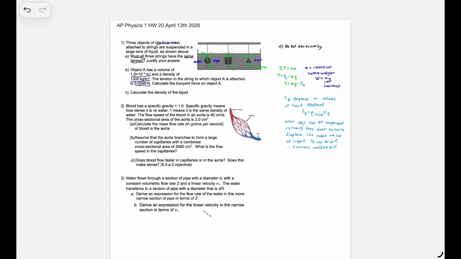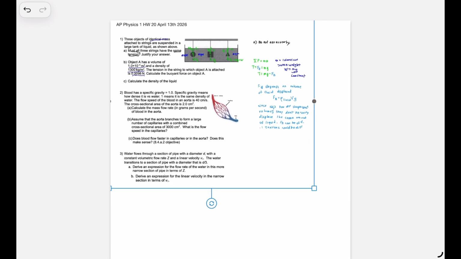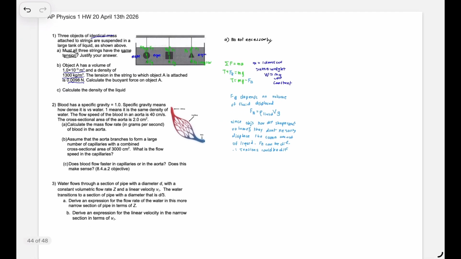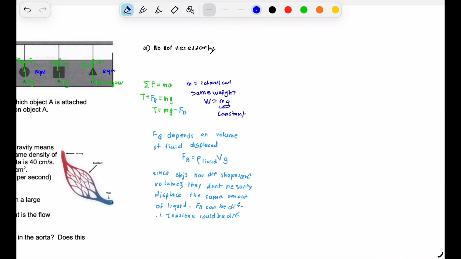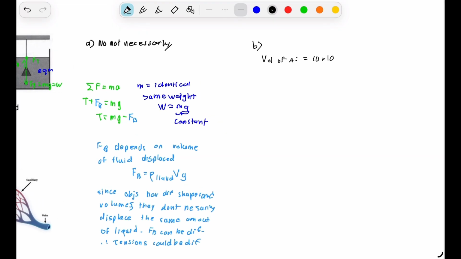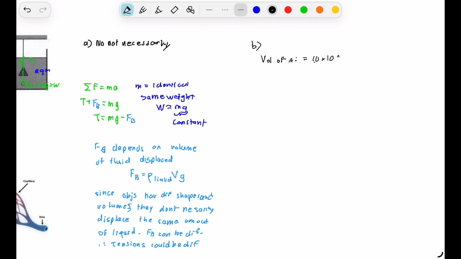So let's make some more room here. For part B, we're given that the volume of A is equal to 1.0 times 10 to the power of negative 5 meters cubed.